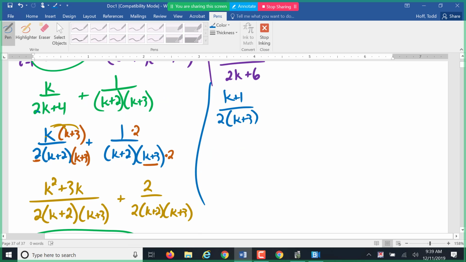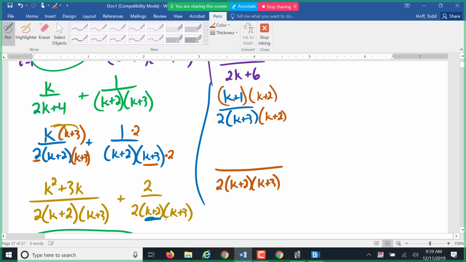Now to make these fractions equivalent, the other one had a k plus 2 in it. So I'm going to multiply numerator and denominator here by k plus 2. So my denominator is 2 times k plus 2 times k plus 3.